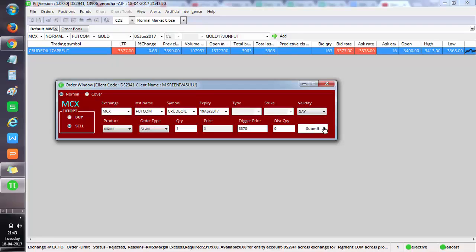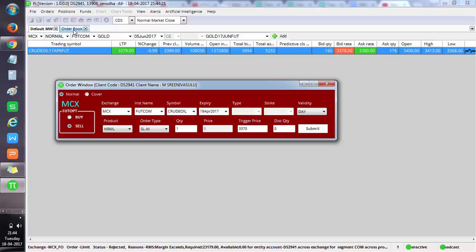Then the SLM order will be placed, and you can see that as a pending order in the order book. Now the thing with SLM is, if you have traded before, you would know that whenever you place a market order, there's a possibility that the price may increase or decrease abruptly. Right now the LTP is 3377. The price may suddenly fall to 3365 also.